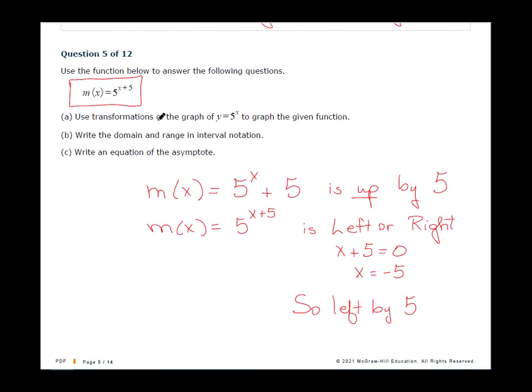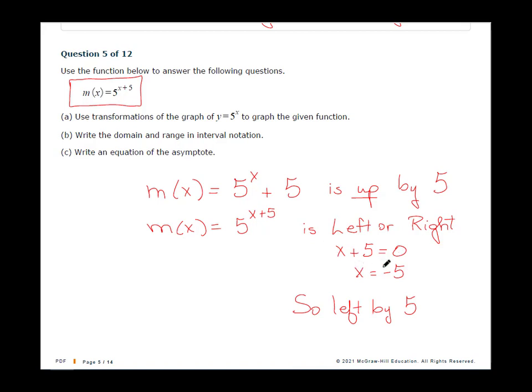Now what about this one on question 5? 5 raised to the x plus 5. Now notice I'm adding 5 up with the x, not on the outside. If it were on the outside, that would be up by 5. But here, this is a left or right.